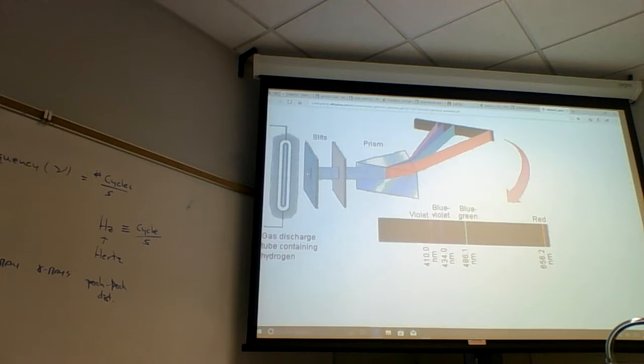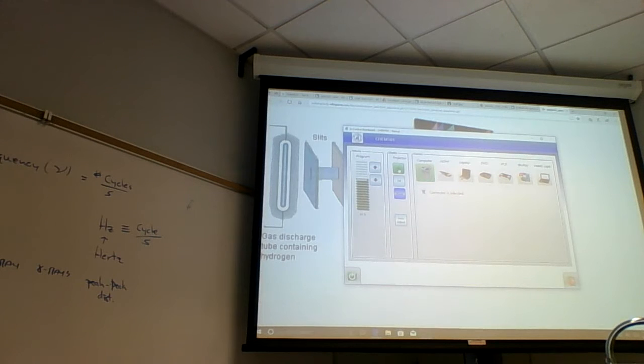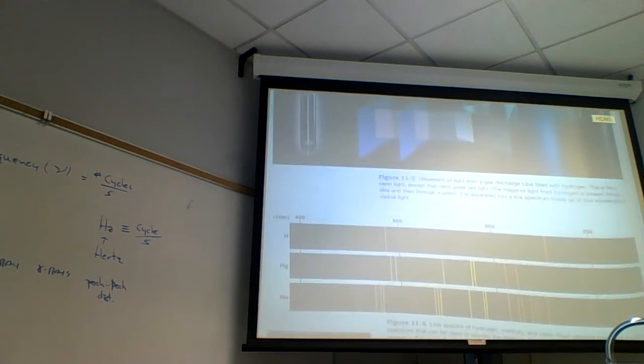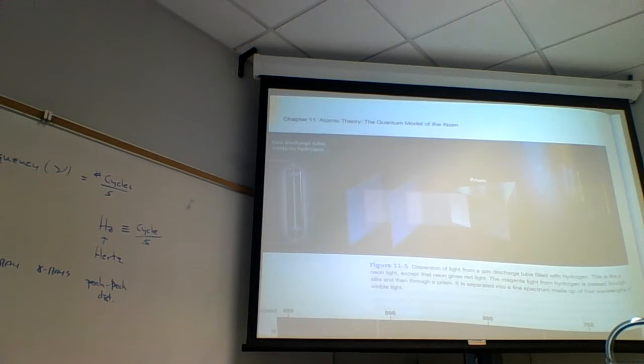Not only that, this unusual light pattern appeared in many spectra. Spectra is plural, spectrum. And so this is the spectrum for hydrogen.